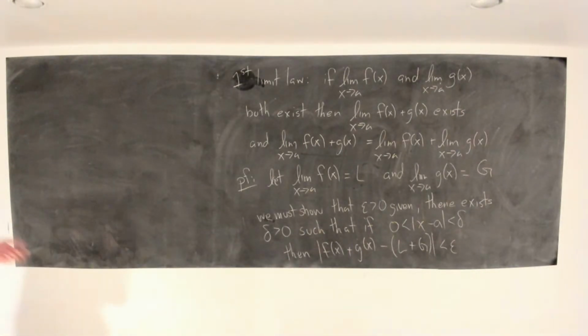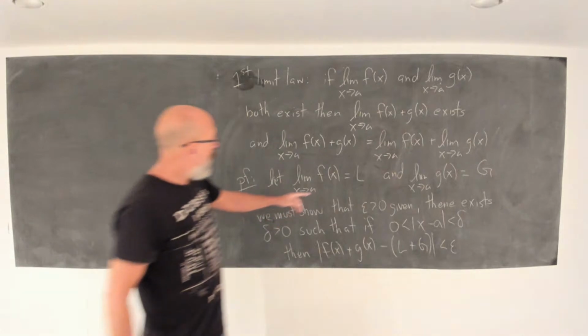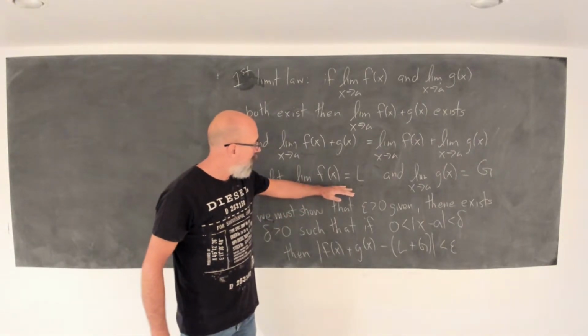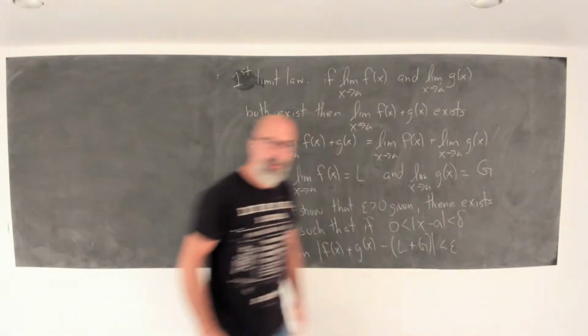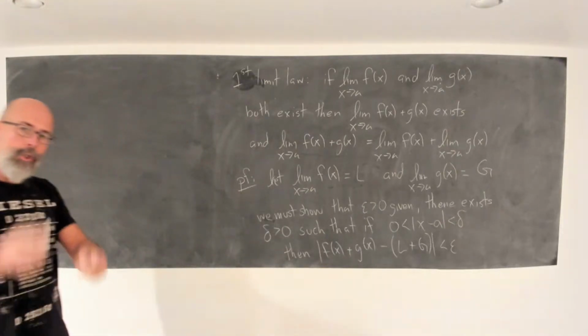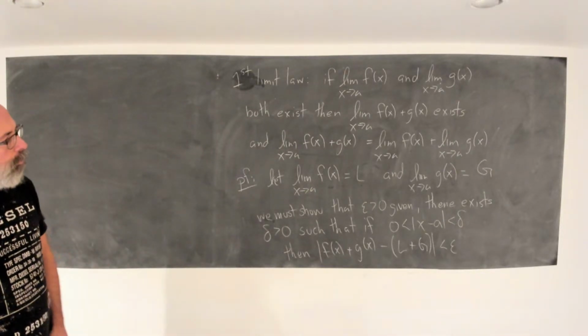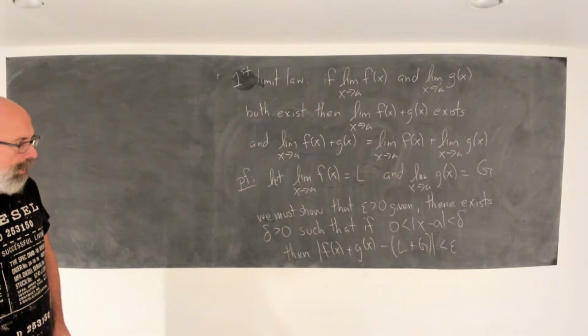But what's given? We know that this limit is L and this limit is G. What does that mean? Let's translate that into epsilon delta.